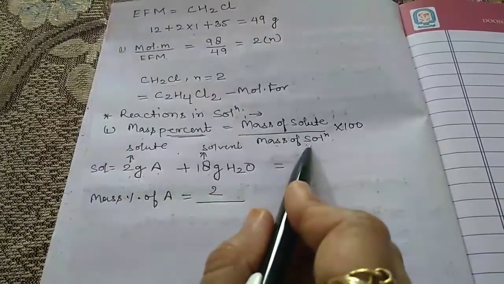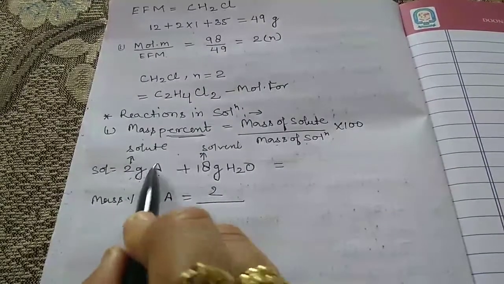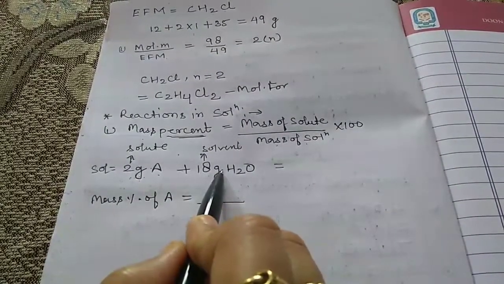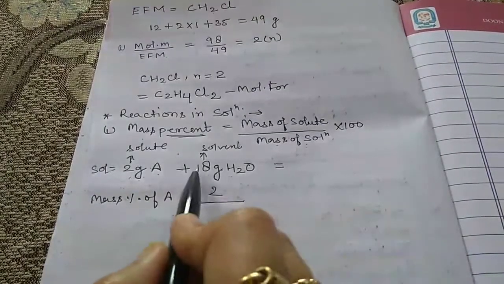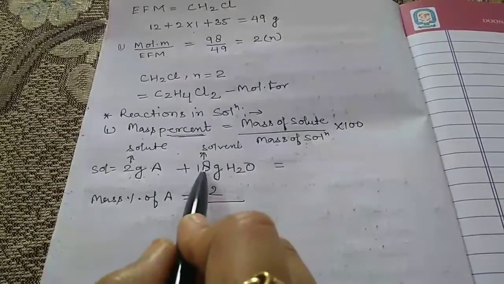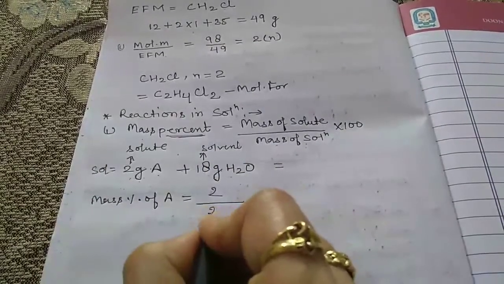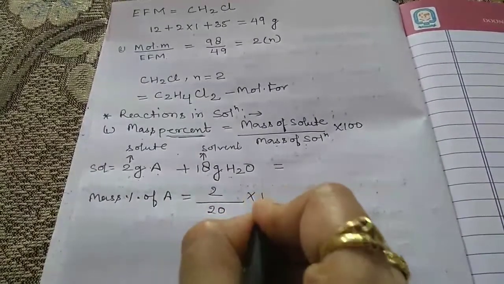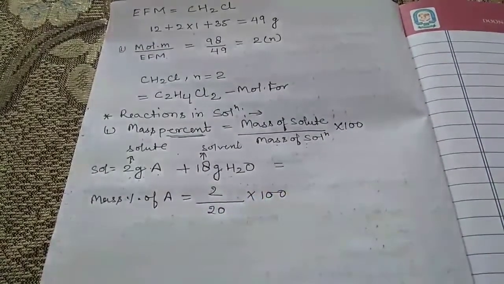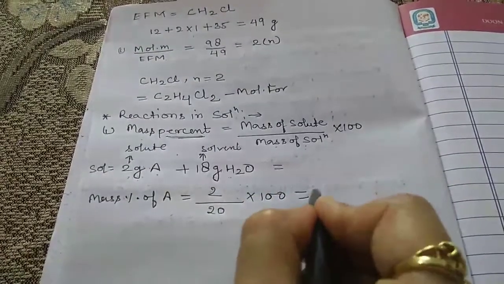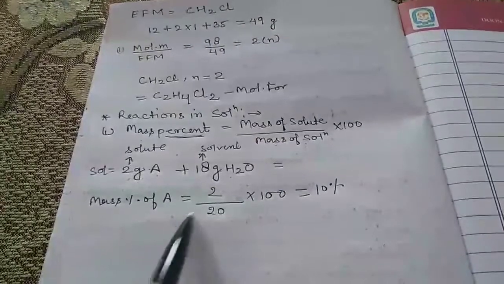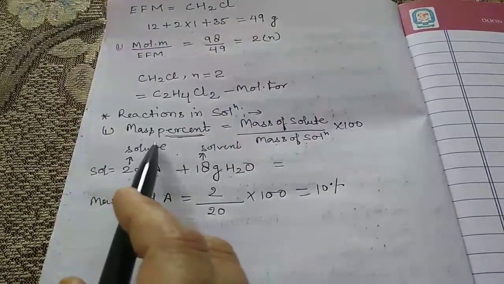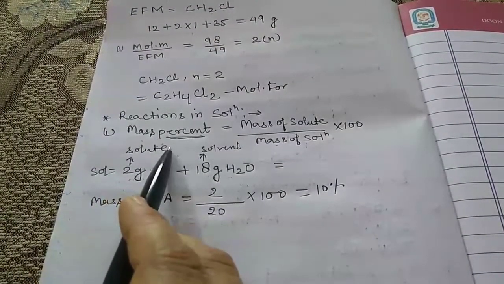Mass of solution means solute plus solvent. 18 is only the solvent, but if we are talking about the solution, it means solute plus solvent. So 18 plus 2 is equal to 20, multiplied by 100. So it is 10%. This is the way by which we can find out the mass percent.